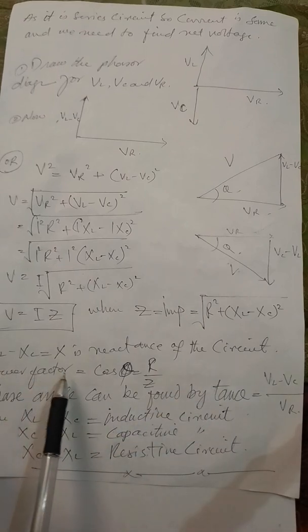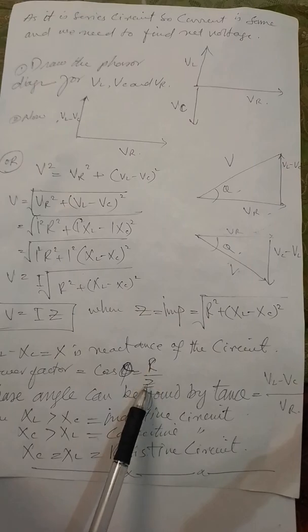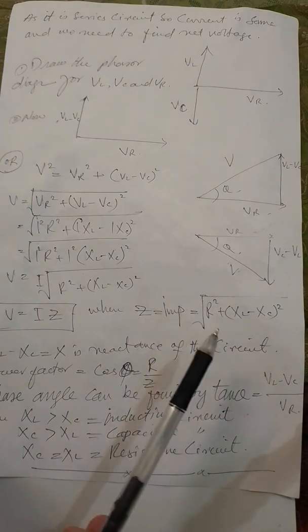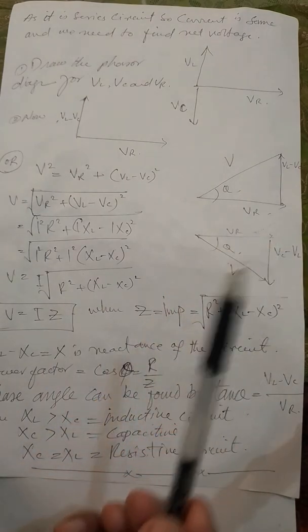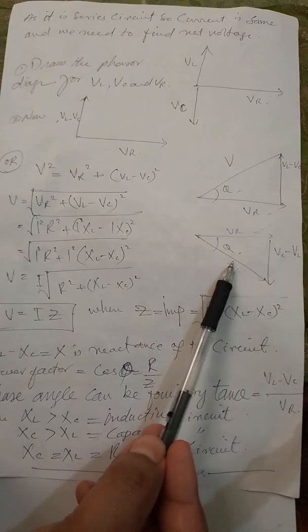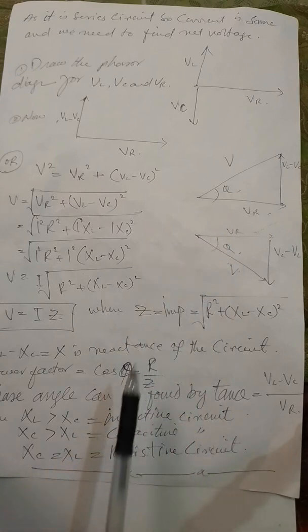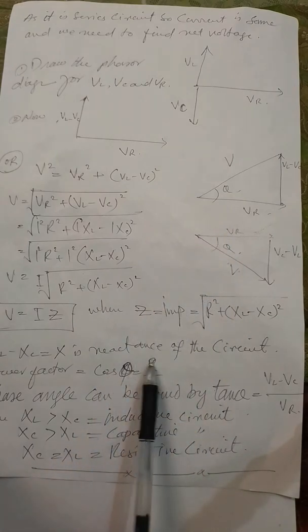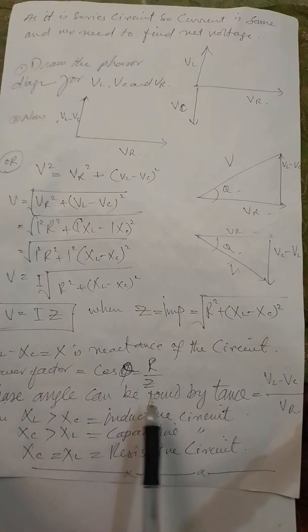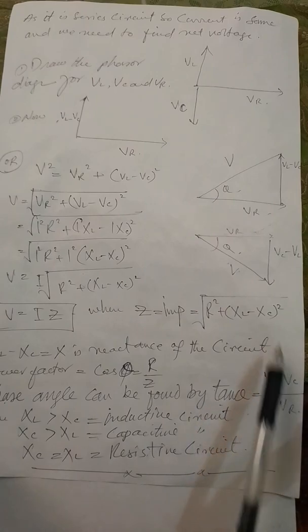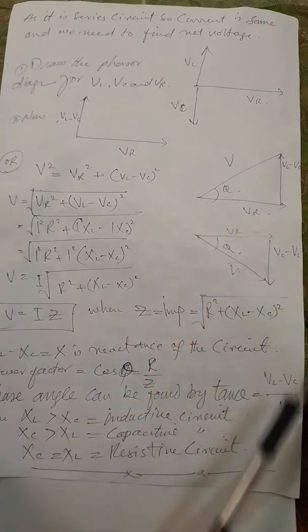We can also find the power factor: cos theta is equal to R divided by Z. From the diagram, for example, this is R and this is Z. So cos theta is R divided by Z, base divided by hypotenuse. The phase angle can be found by the equation tan theta is equal to (VL minus VC) divided by VR.